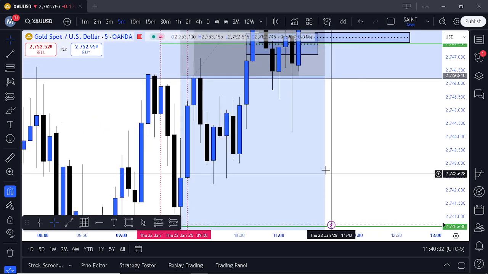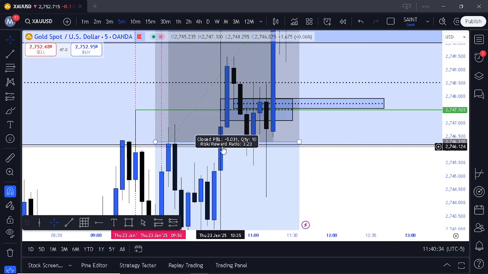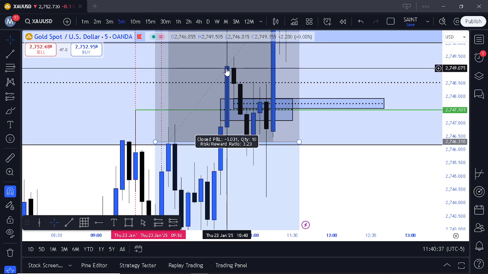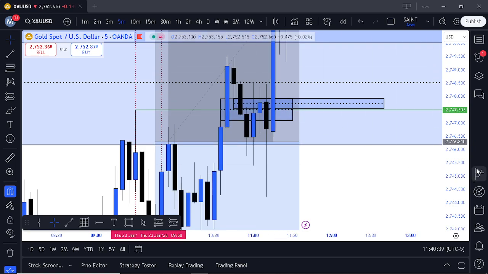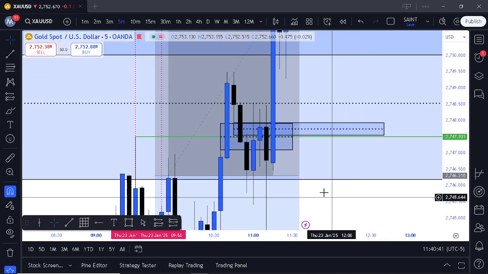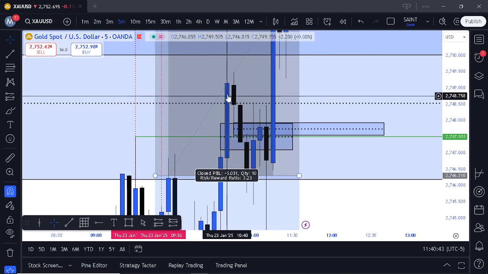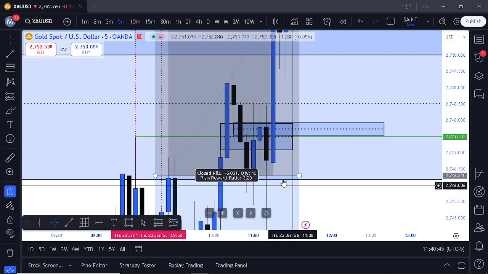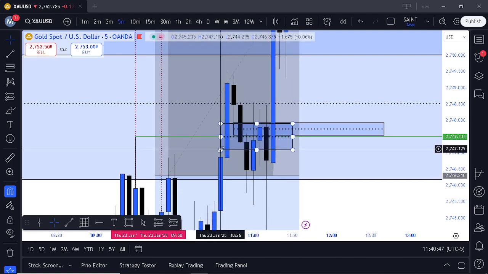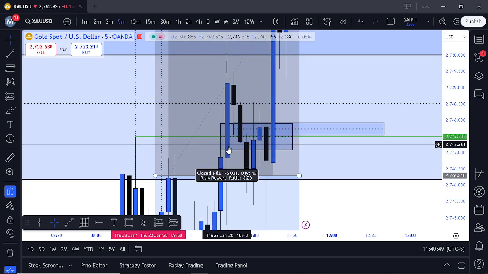But I saw that it finally swept the liquidity at around 10:40, a little late in the day. Once I saw that, it created a Fair Value Gap right here, and I said once price closed below this Fair Value Gap, I would enter.